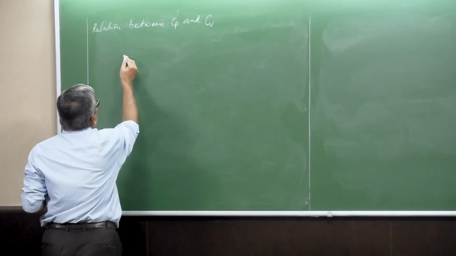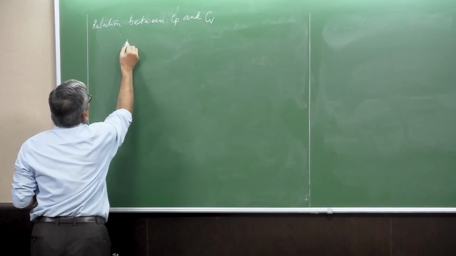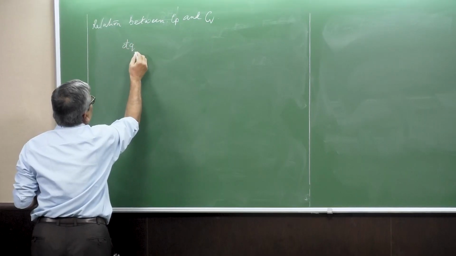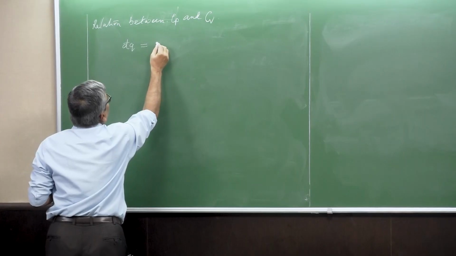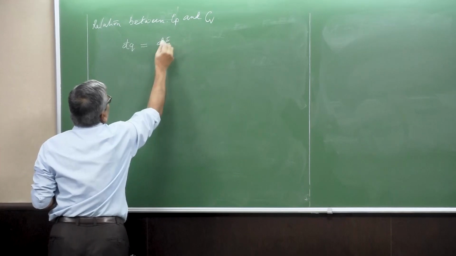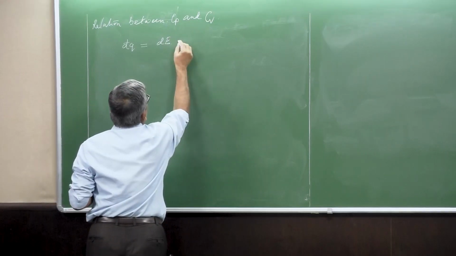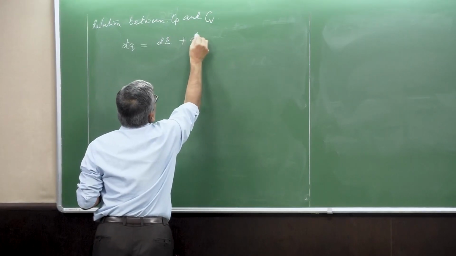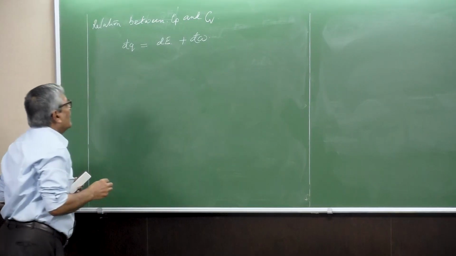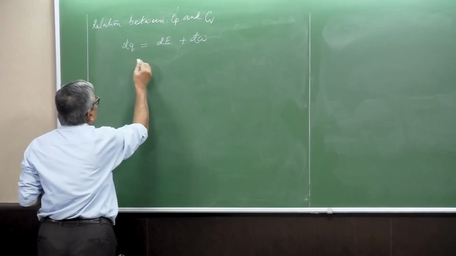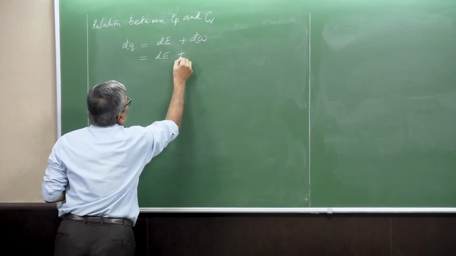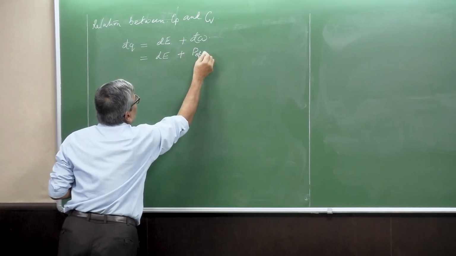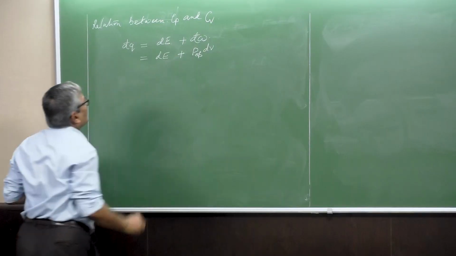It means that you have dq amount of heat that enters into the system, and that creates work dW and a change in internal energy of the system, dE. I can write this more explicitly as dE plus P opposing, times dV, for this mechanical work.